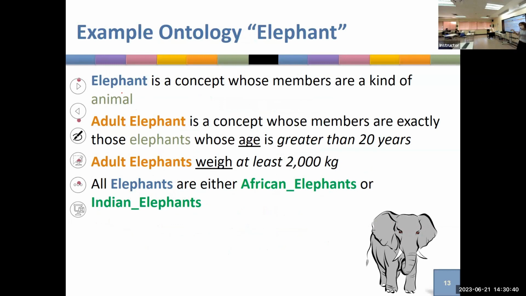This is a class. So it can be a class or we can call it a concept. You are not referring to a specific elephant in this world, right? Then that can be modeled as a class, and it can be a subclass of animal. How about adult elephant? Is it a class or is it an instance?